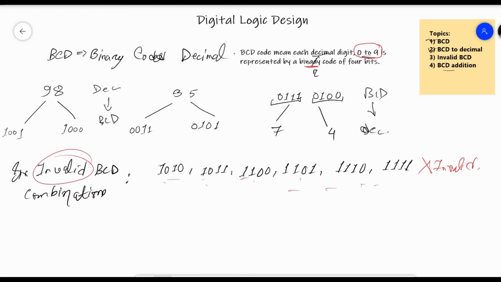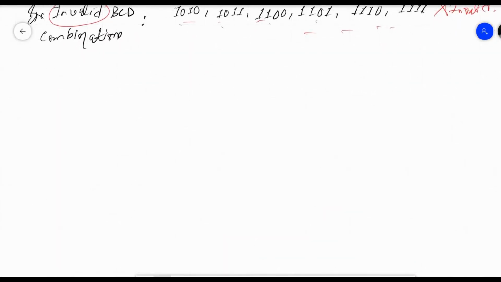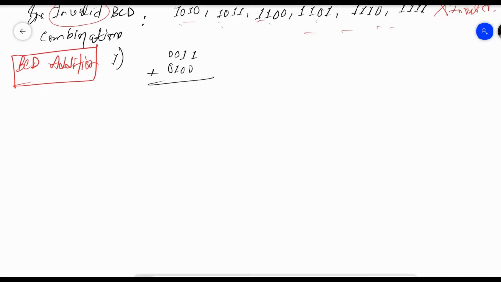So let us take an example and understand how we can do BCD addition and what the invalid combinations mean. We will start with a very basic example of BCD addition. Number 1. Let's add 0011 with 0100.